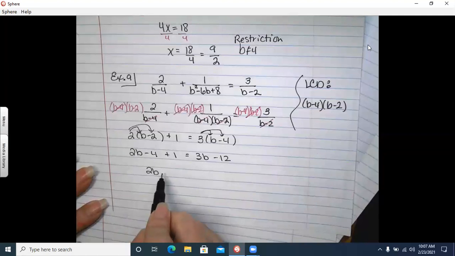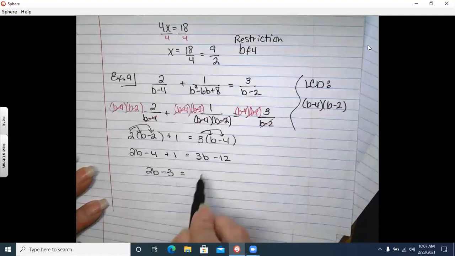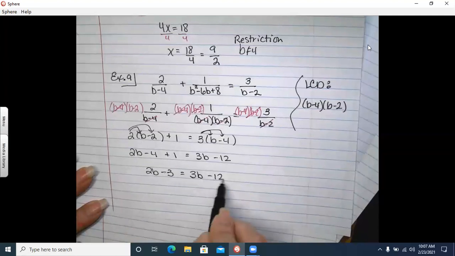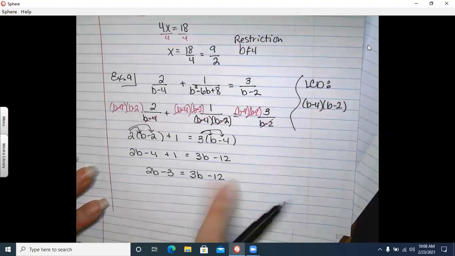What's negative 4 plus 1? Negative 3. Bring down your equal. On the right side, any like terms to combine? No. Now, do I have quadratic terms and linear terms left? I don't have any quadratics, right? Only linear and constants.